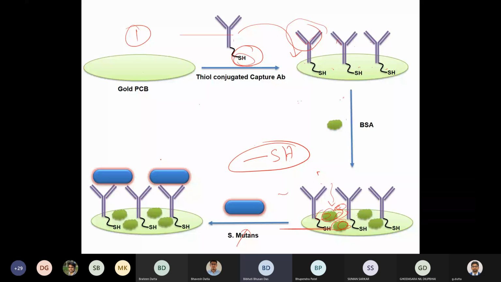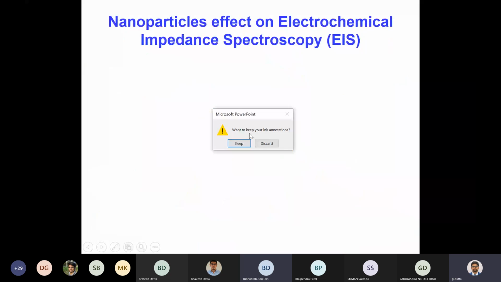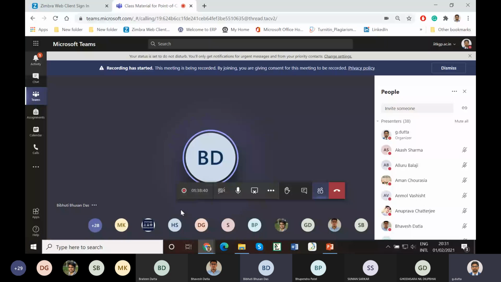But here we are not using any secondary antibodies or gold nanoparticles. So how are the reactions happening to release the electrons? By the electrolytes? Yes, these electrolytes are causing the release of these electrons, sir.